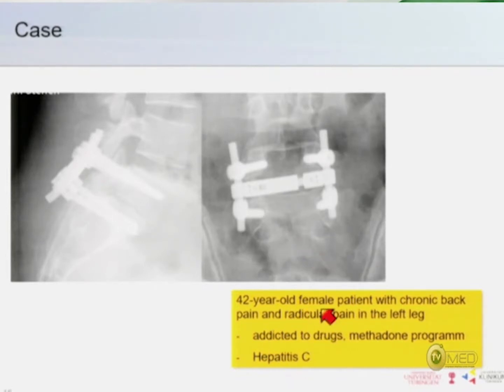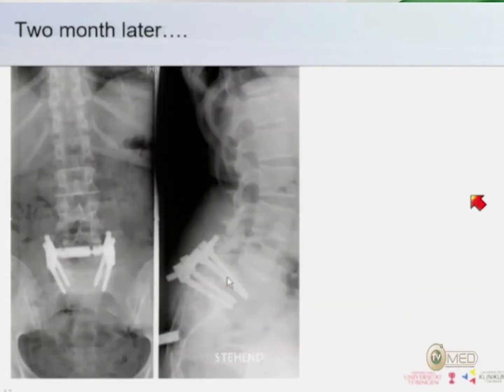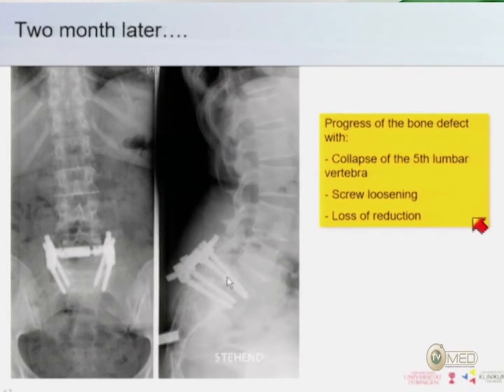She's addicted to drugs, has hepatitis, and they did surgery without cage interposition, without removal of the disc, just stabilization, and then they did not do regular X-ray controls, and 2 months later here was the problem. You see a collapse of the fifth lumbar vertebra, you see a screw loosening and a loss of reduction.